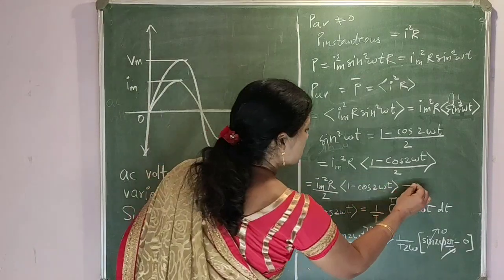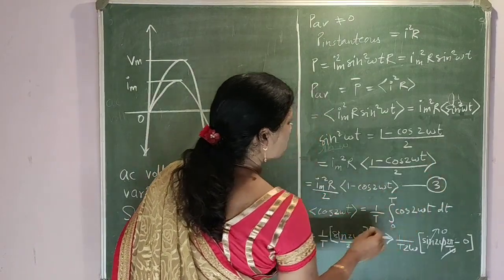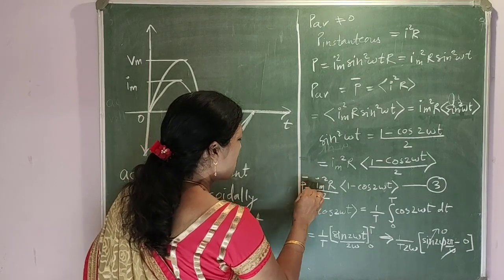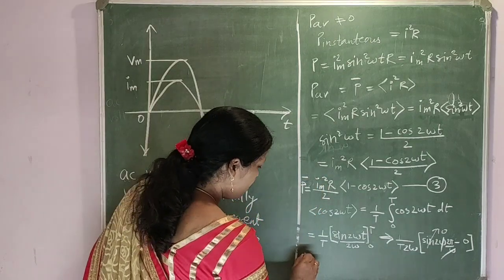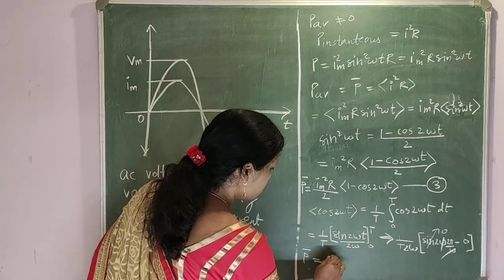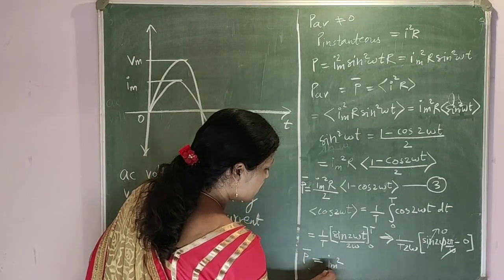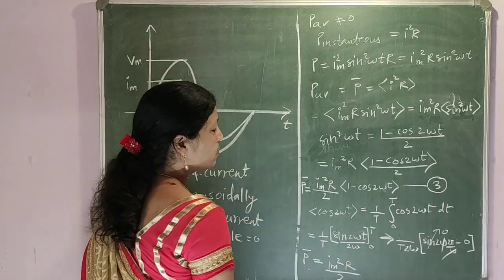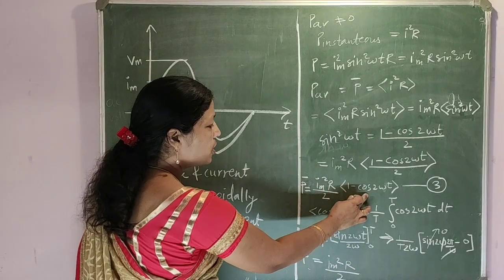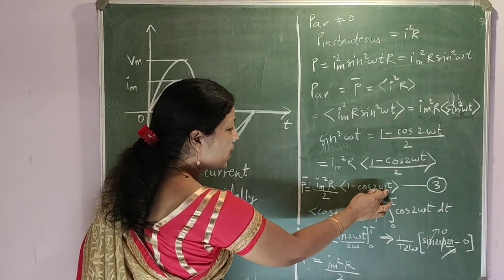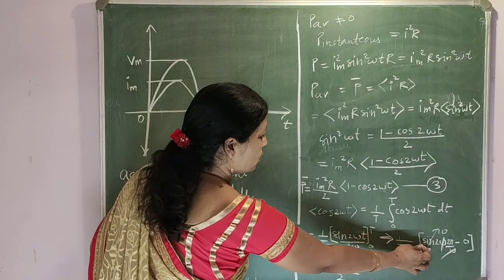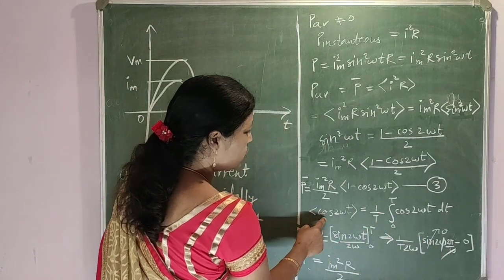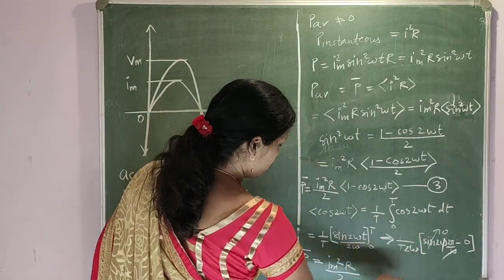So now we are substituting this in our equation. P average, P with a bar over it, equals I maximum square R upon 2, because as we have seen, the average of cos 2 omega t is equal to 0.